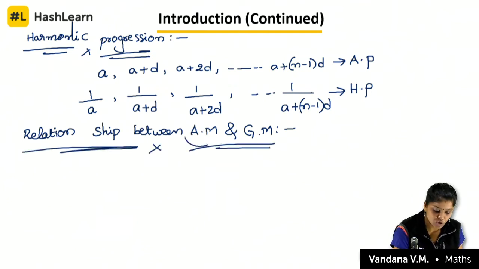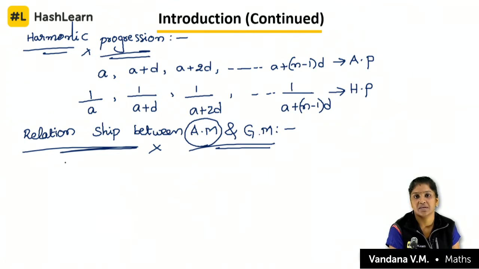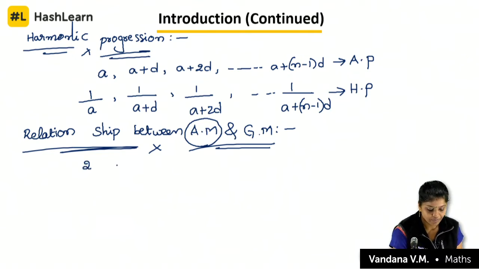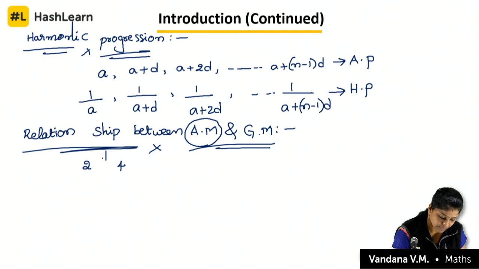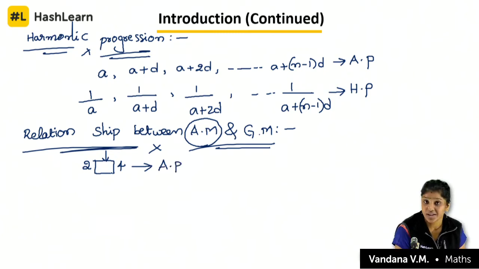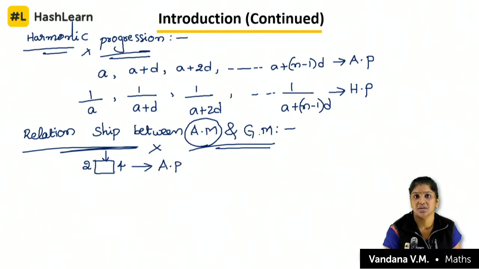Before that, let us know what is arithmetic mean. Arithmetic mean means the middle term in the arithmetic progression. Suppose you have 2 and 4, and I would like to insert one term here. If this is in arithmetic progression, the term I am going to insert is called the arithmetic mean.